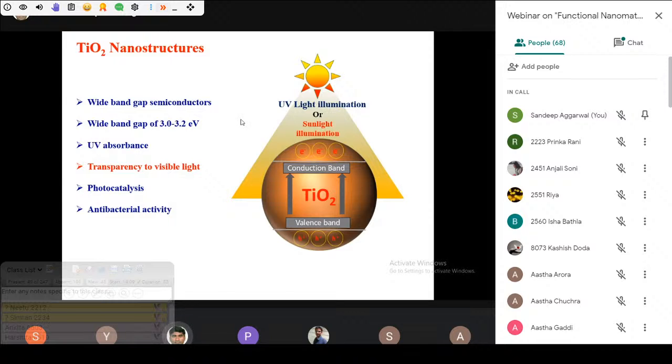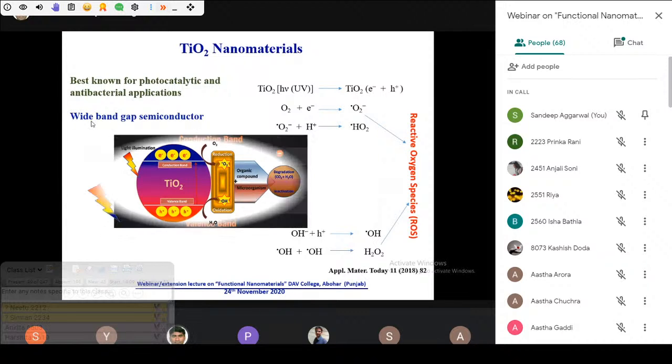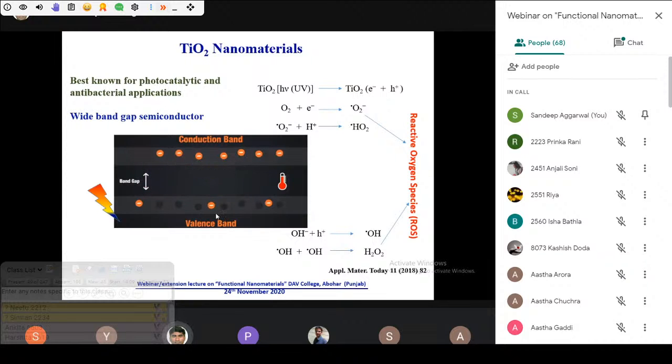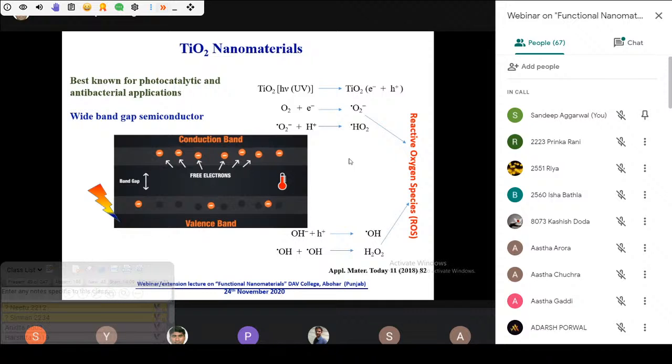And how is it useful? We'll see that these materials are generally used for photocatalytic or antibacterial applications. What happens generally is that these electrons which jump from the valence to the conduction band interact with water molecules or oxygen molecules present in the air.